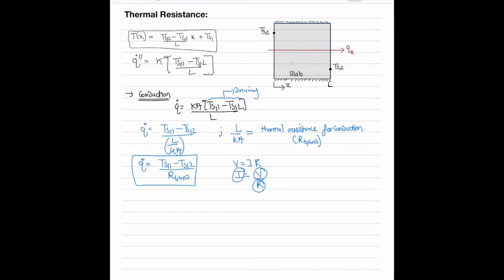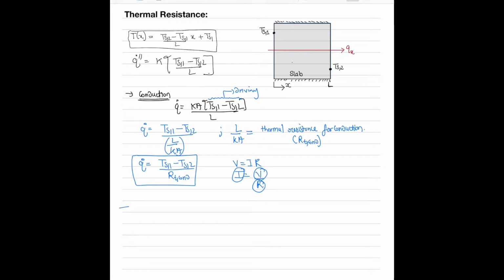Similarly, here temperature difference is same as voltage in the electrical circuit, and Q, that is a heat flux or total heat, as a current, and thermal resistance as a resistance in case of electrical connections. So L by Ka is the thermal resistance for conduction.